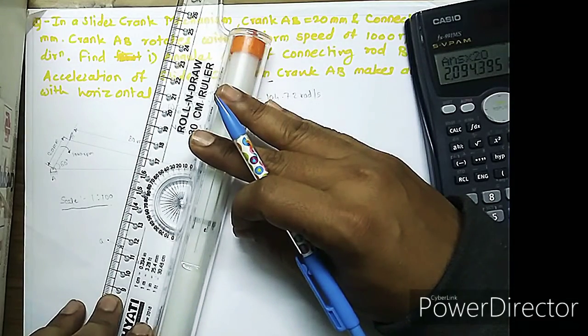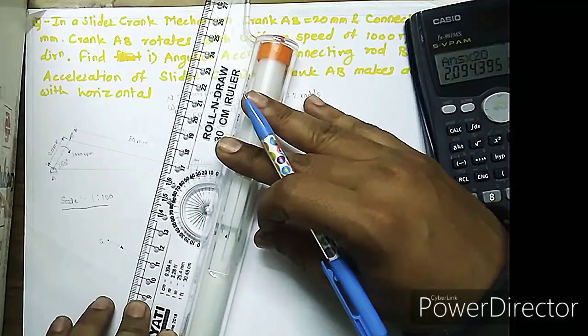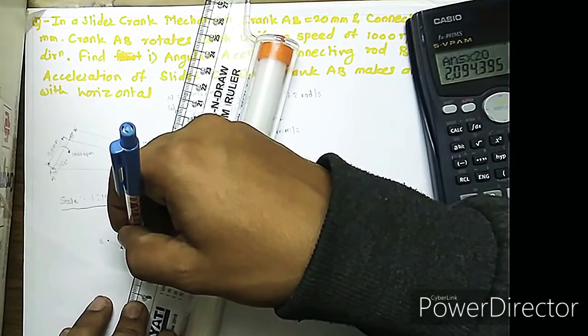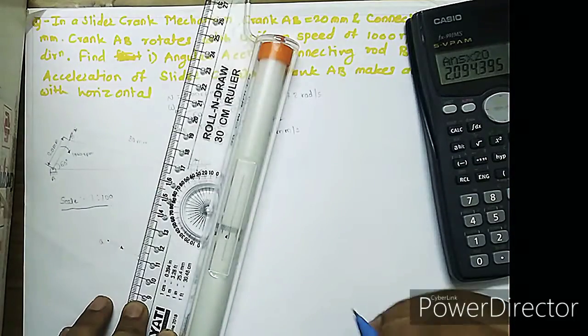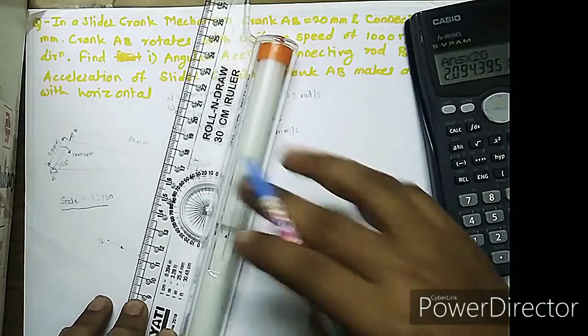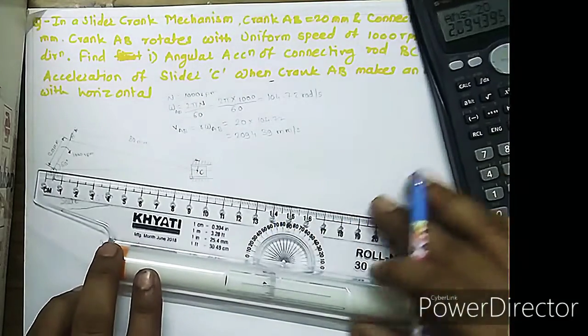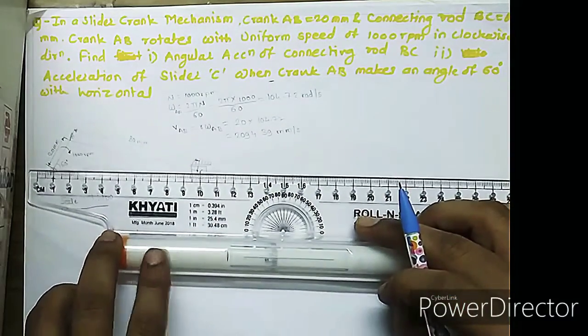Now draw the perpendicular line from point b in upward direction. As we don't have a dimension or any other parameter to calculate that dimension, so just draw it.